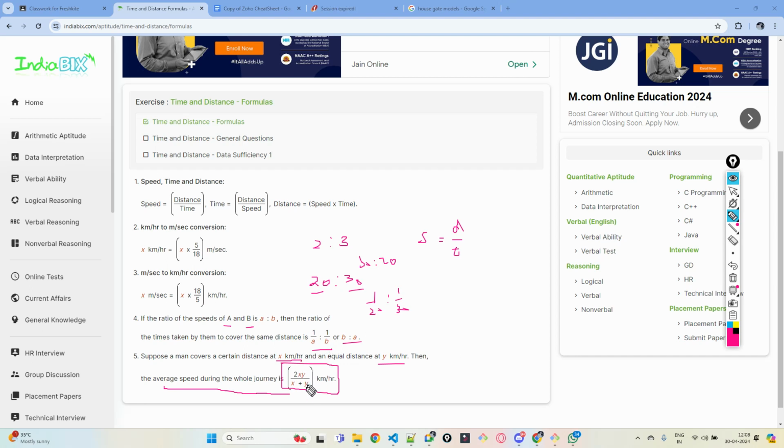Very important, you have to calculate that. So a man travels a certain distance at x kilometer per hour, and the equal distance at y kilometer per hour.